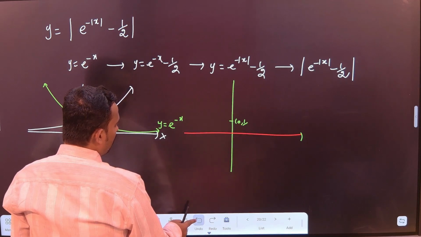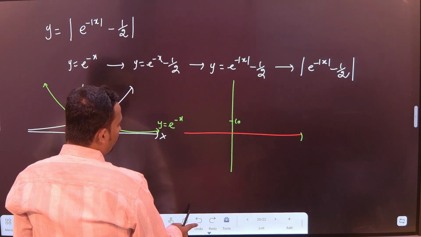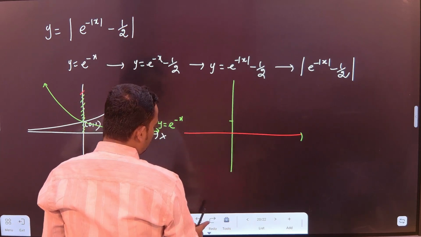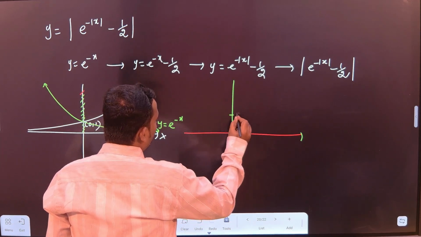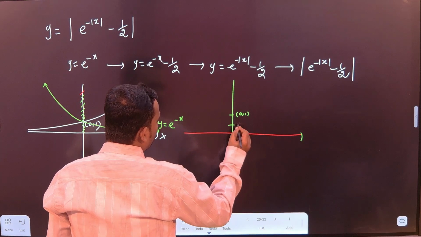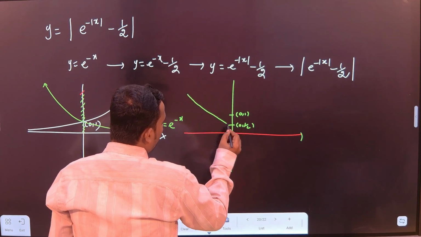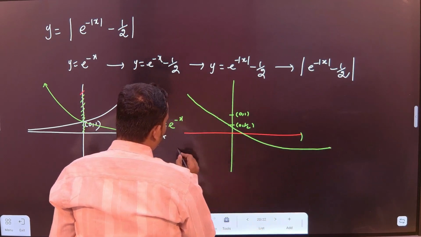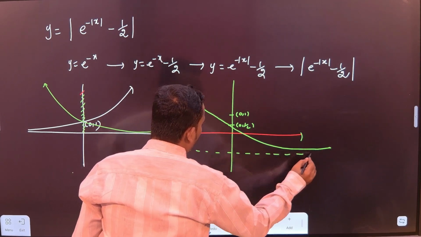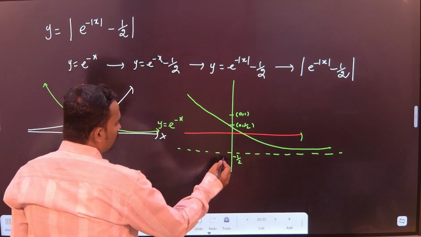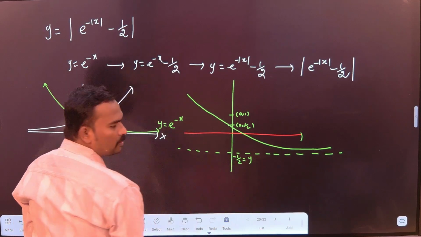Okay, this graph you shift half unit down, right? This is 0 comma 1. Half means 0 comma 1 by 2 here. So the graph will be going like this. So you have to go down to half unit. This is minus 1 by 2, y is equal to minus 1 by 2.